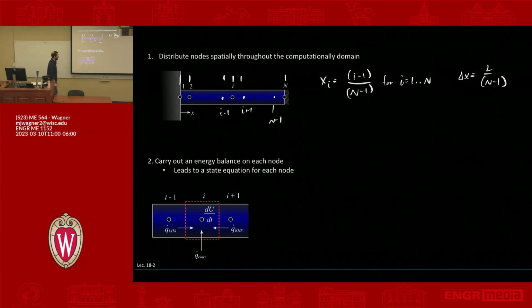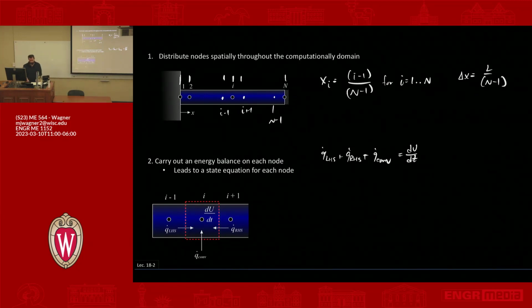So that's new for this type of problem. So writing out the energy balance there, we would have q dot LHS plus q dot RHS plus q dot convection is equal to du/dt. So we have everything in, and then remember out and stored are on the other side. So stored is going to be here.